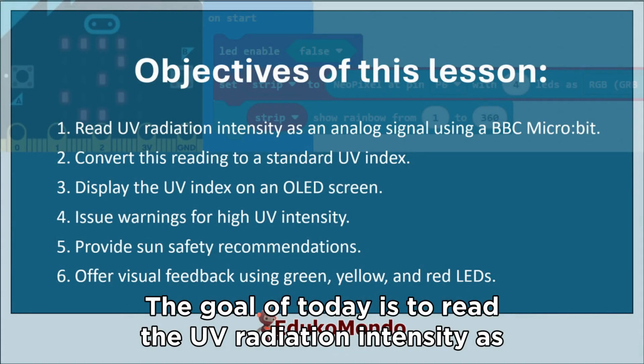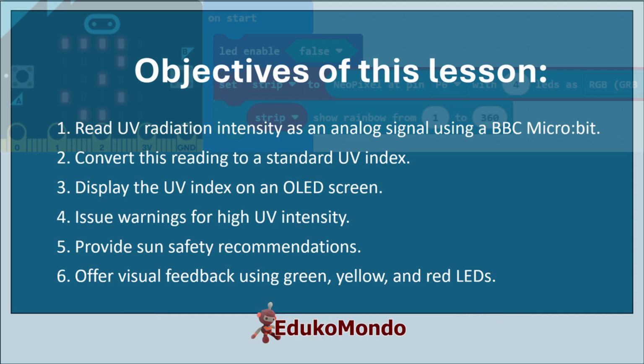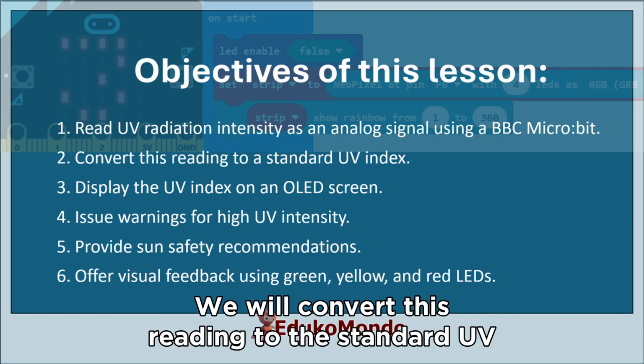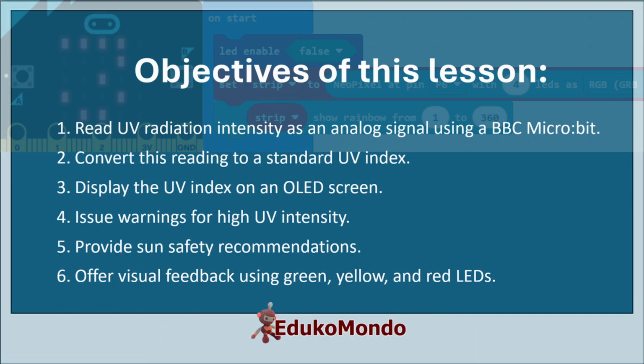So the goal of today is that we will read the UV radiation intensity as an analog signal using the BBC Microbit and a UV sensor. We will convert this reading to the standard UV index numbering system.